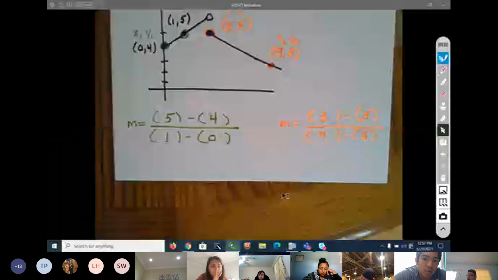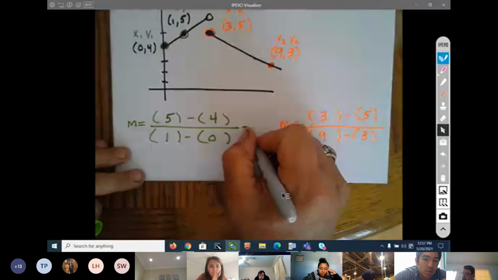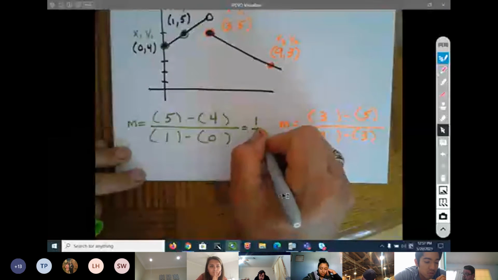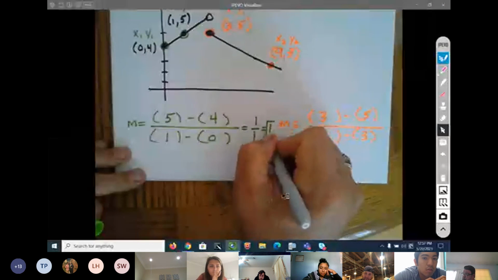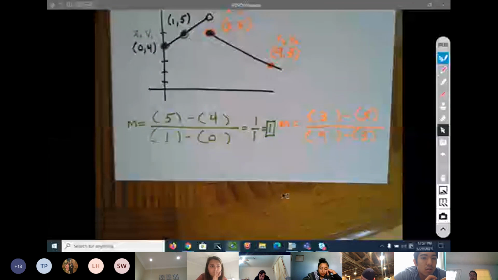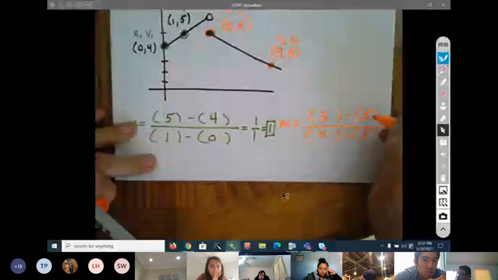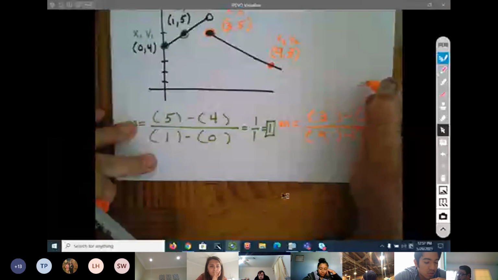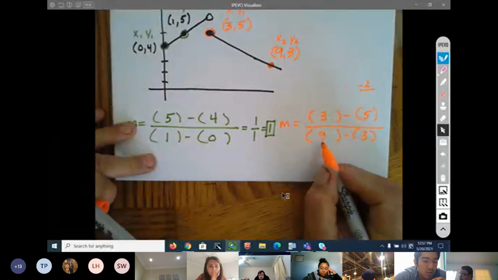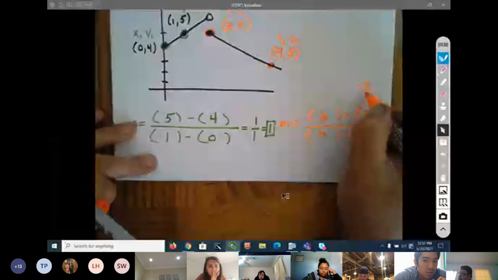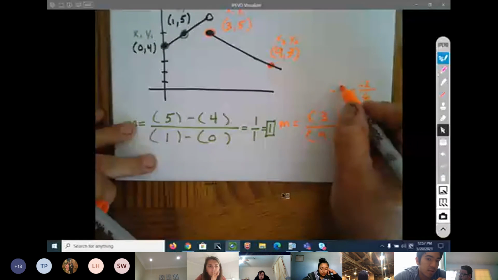So the slope on the green is equal to 1 over 1, right? Which is 1. The slope over here is equal to 3 minus 5, which is negative 2, over 9 minus 3, which is 6. Which is negative 1/3.